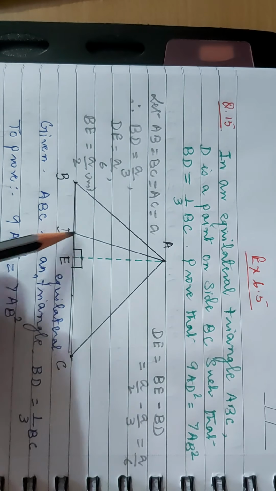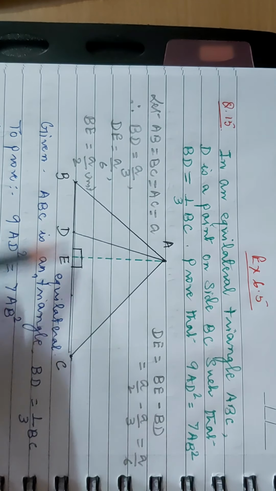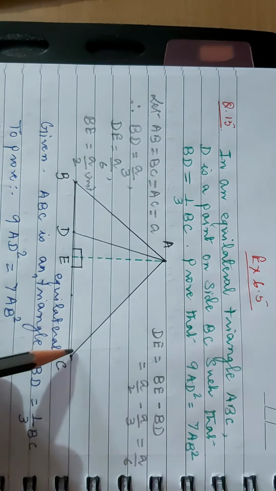So D is a point on BC in such a way that BD is 1/3 of BC. If D is a point here, then another point you consider here, all will be at an equal distance, that is 1/3 of BC. So this is what is given.